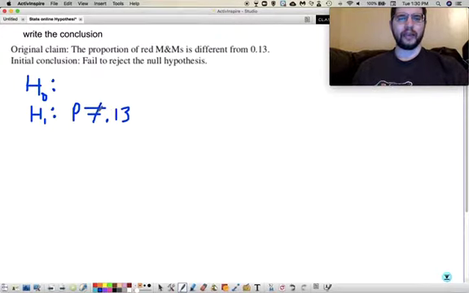So anytime we have the not equal part, either less than, greater than, or not equal to, that goes in your alternative. So that's how I knew where to put this one. So p equals 0.13. That's the null. Now, where's our claim? Our claim is here in the alternative.